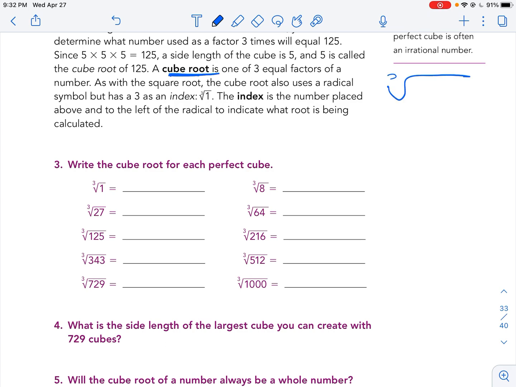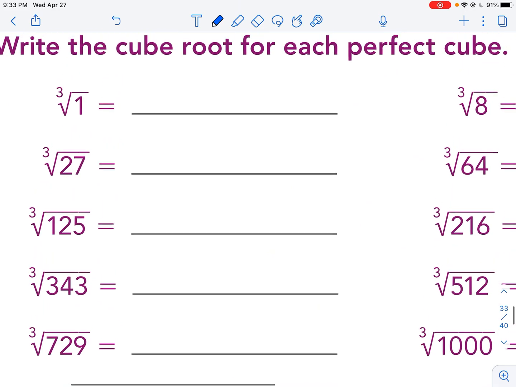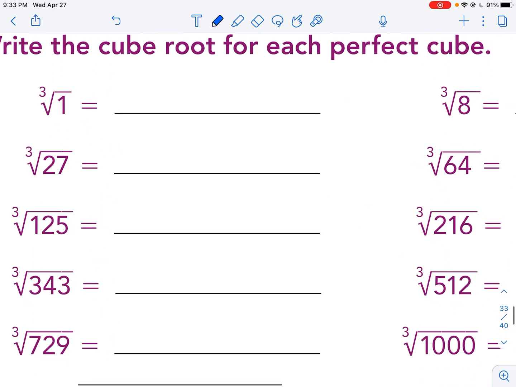We're going backwards. Okay? This right here is telling you 3 times cubed. What times itself? That, by the way, is called the index number right here. What times itself 3 times is going to get that number. Okay? So now we're going backwards.